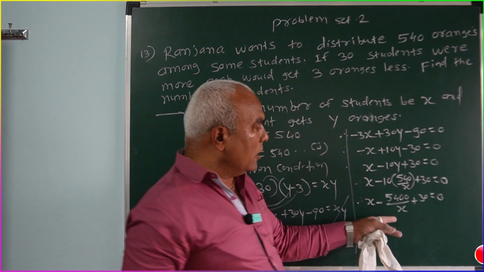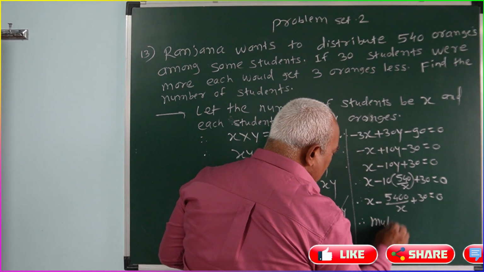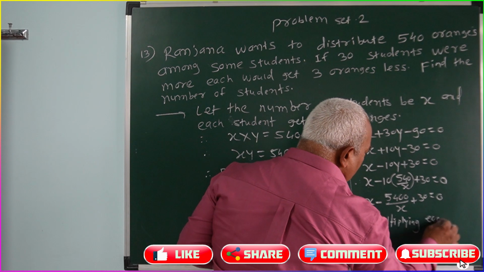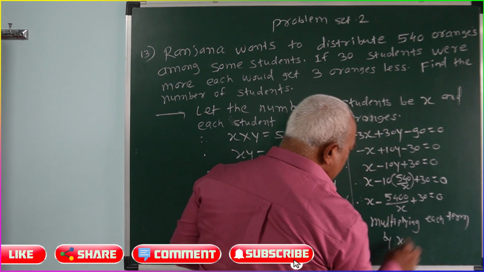We don't want x on the downside. Multiply all by x, multiplying each term by x.